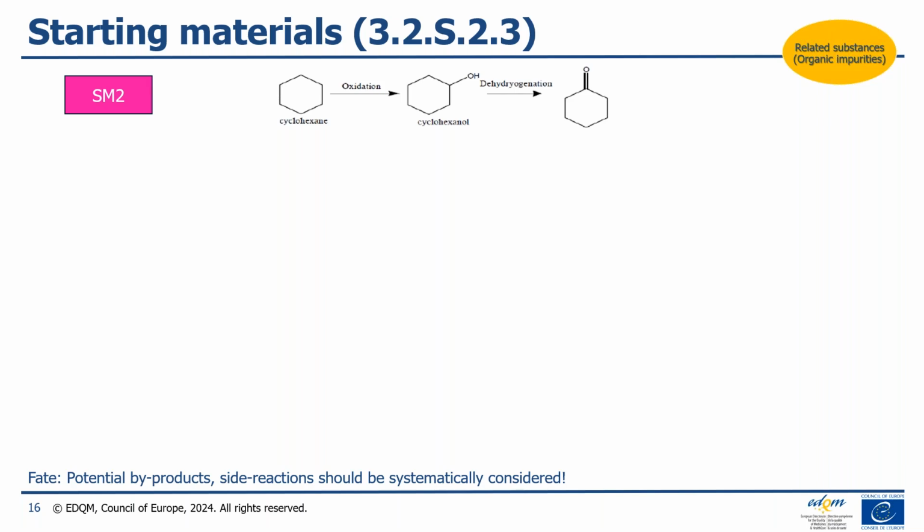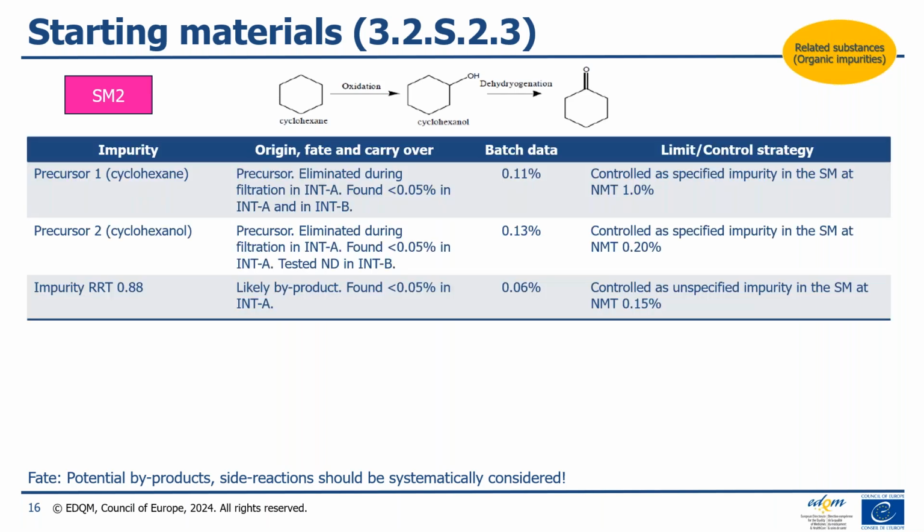Let's move to the starting material 2, which is prepared from cyclohexane by first oxidation, then dehydrogenation, and you can set the specification accordingly. So cyclohexane is found at 0.11% in the batch data, but it's eliminated during the filtration in intermediate A. Also, it's a volatile product that will be eliminated during the drying. So setting a higher limit for this impurity is acceptable. For cyclohexanol, it's the same.